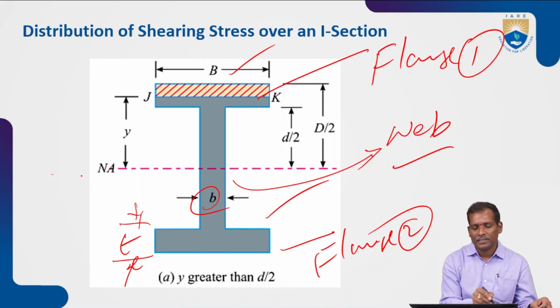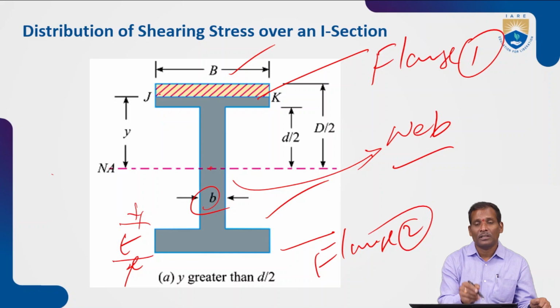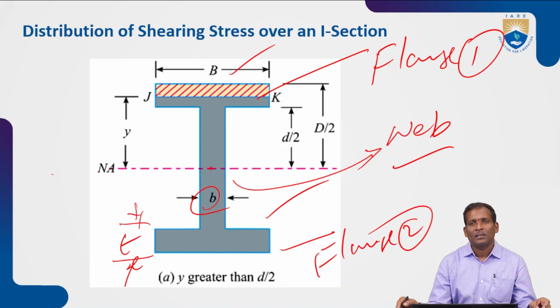The neutral axis passes through its center of gravity. From this neutral axis to the cross section of the layer, the distance is y.